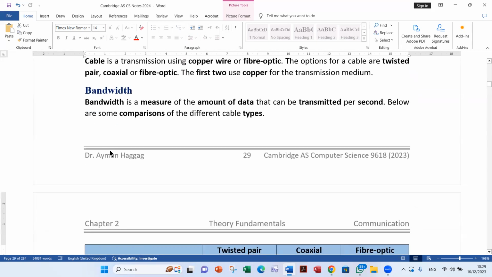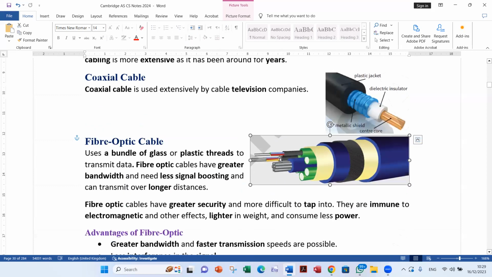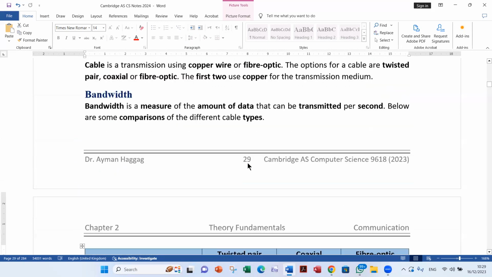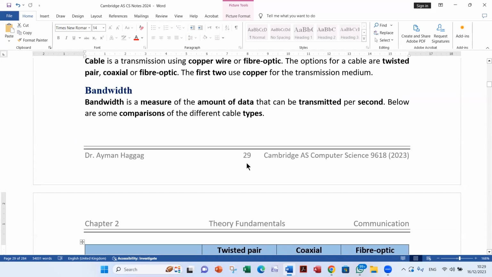Let us discuss bandwidth. The bandwidth of fiber optic is extremely fast. With bandwidth, I mean transmission speed. The higher the bandwidth, the faster you transmit data. Bandwidth is a measure of the amount of data that can be transmitted per second.